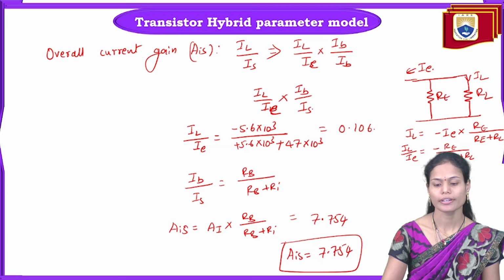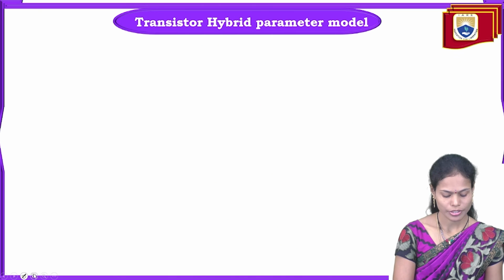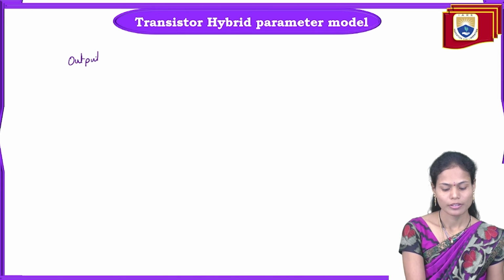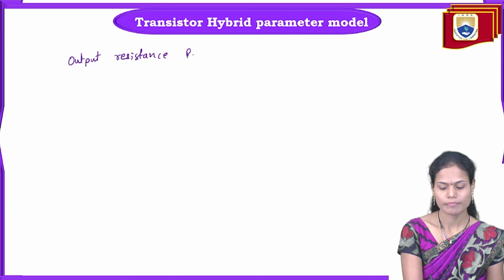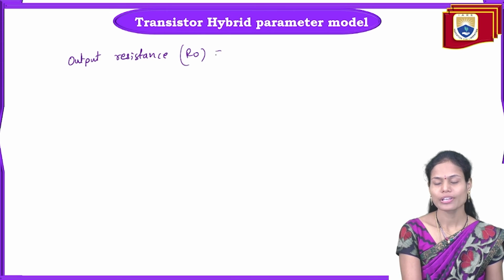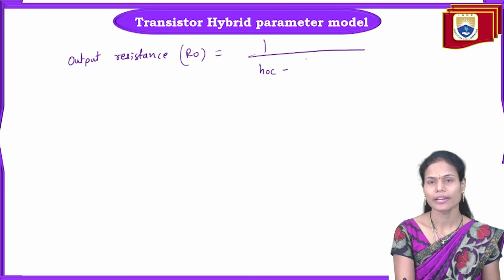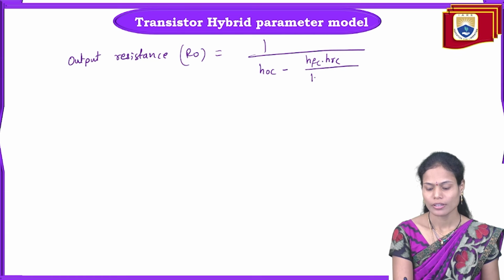The next parameter we need to calculate is the output resistance R0. To calculate this, we have to utilize 1 by HOC minus HFC into HRC by HIC plus RS dash.